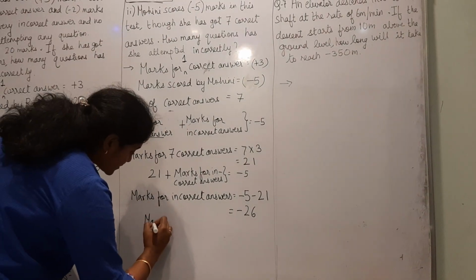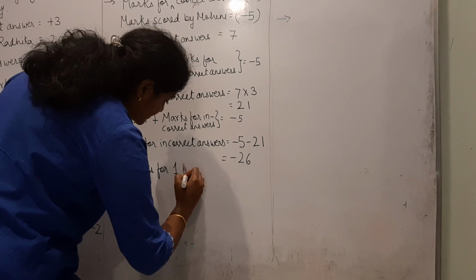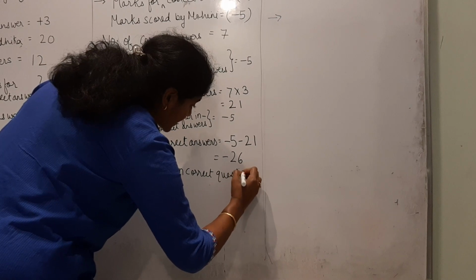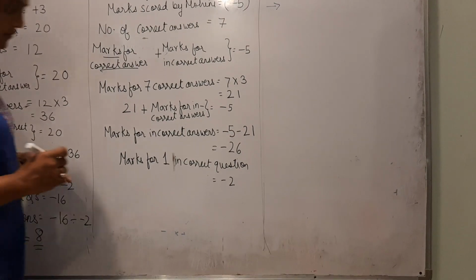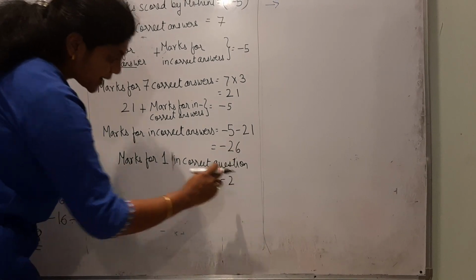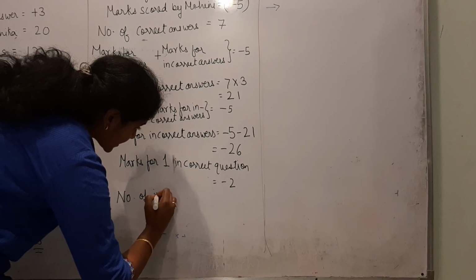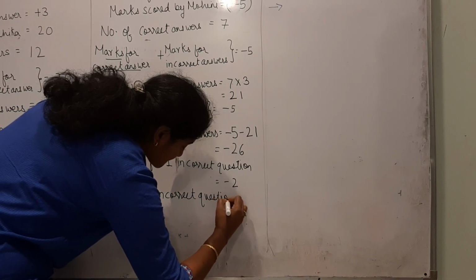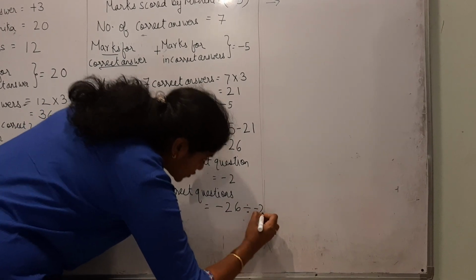Now you have to calculate how many questions she attempted incorrectly. So marks for one incorrect question, that is how much? -2. So the number of incorrect questions is -26 divided by -2.